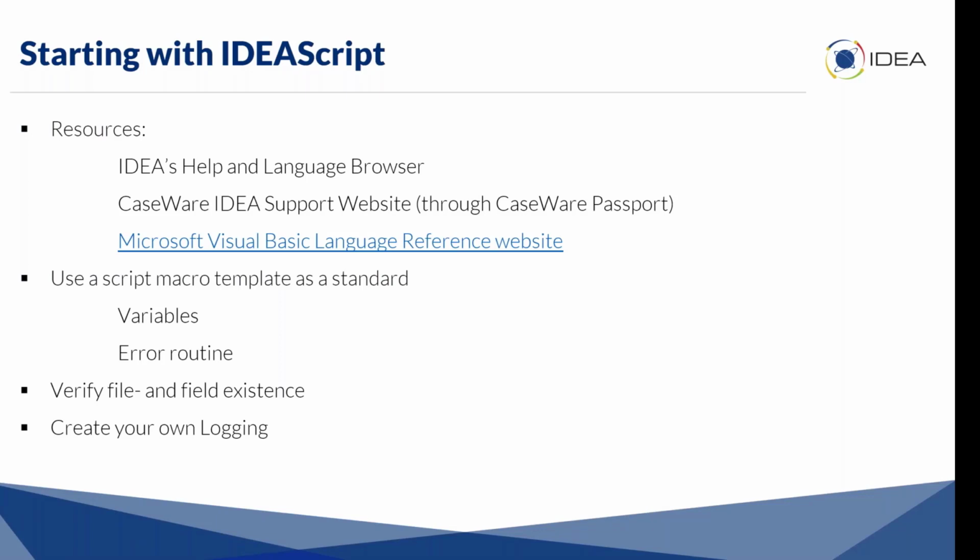Regarding, for example, file and field existence, it's not difficult to create an IDEA script. But what's difficult is to cope with all the exceptions. If you look at a claims script where you say, I would like to see on a weekly basis all the claims that are over, let's say, $100,000. And you get to a certain point where in a week there are no claims over $100,000.